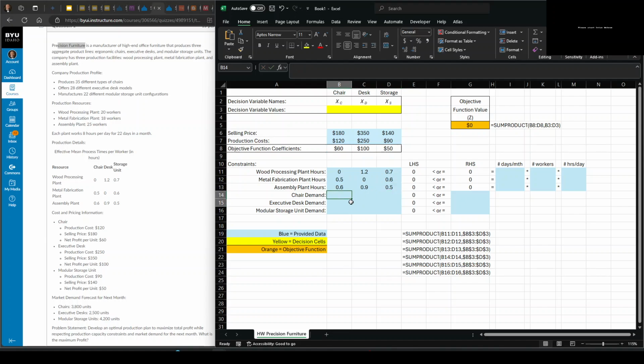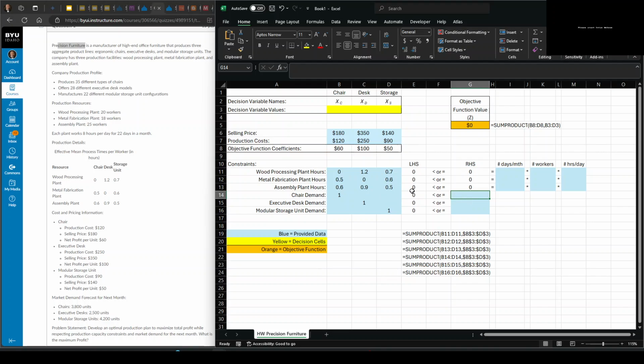So we've got those. What about demand? For the chair demand, we're talking about one chair, right? This is the time that's going to be used for one chair. None of this, so we'll leave these blank. This is the time we're going to use for one desk, and this is the time we're going to use for one storage unit. Over here is the total demand.